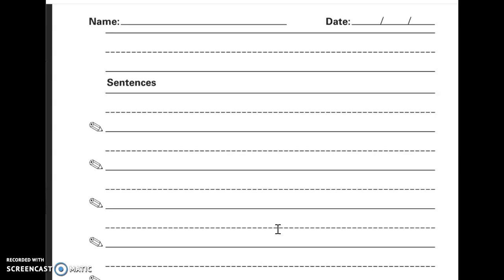Then I'll say the sentence again, giving you time to write the words as I say it. Then you should look at the dashes and say the sentence. Point to each dash as you say a word.